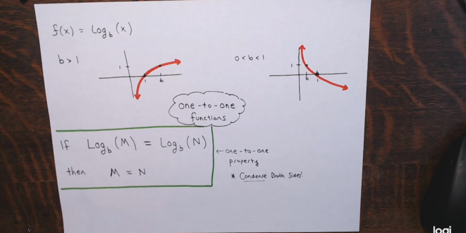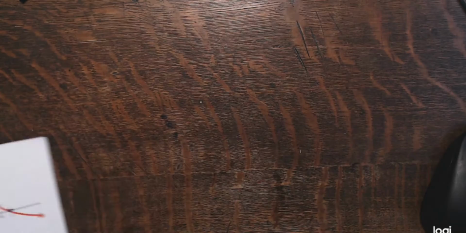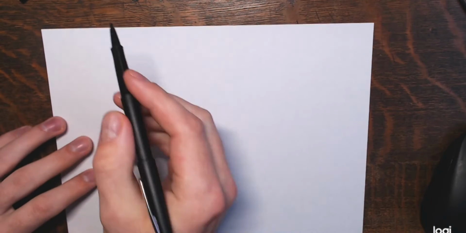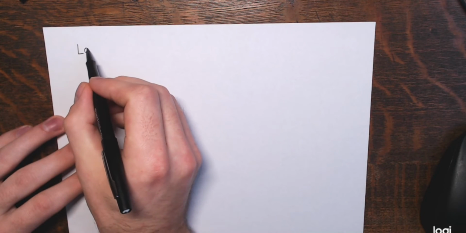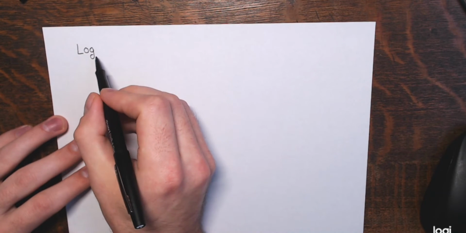So our first example is the following. Our first question, we're asked to solve the following: log of x plus 11 minus log of x minus 5 equals log of 9. Remember, this is log base 10 if there is no base written, the common logarithm.